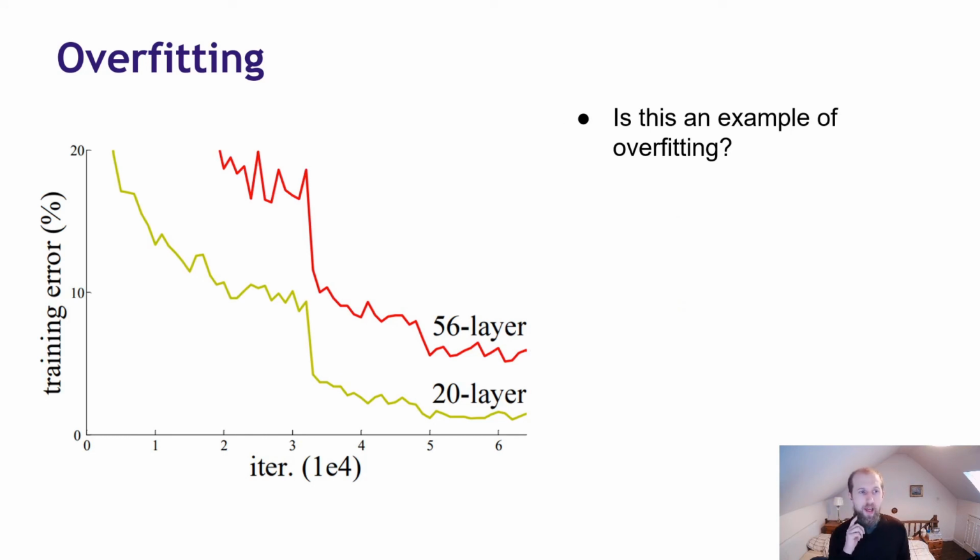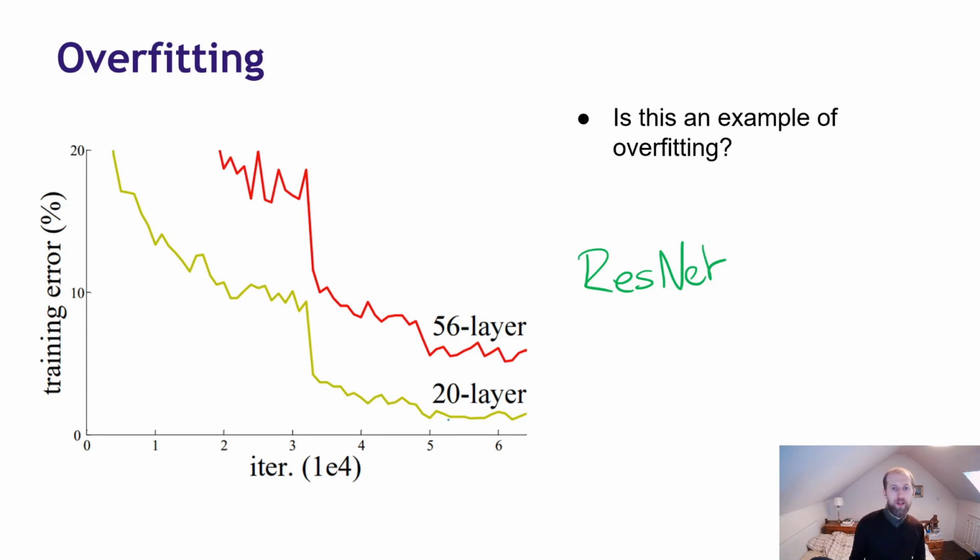This is a graph from one of the most famous papers in AI ever. It's the paper that introduced the idea of residual networks, or ResNets. And I want to ask you, if we've got a 20 layer network, so this has got 20 convolutional layers, and the training error is down here.